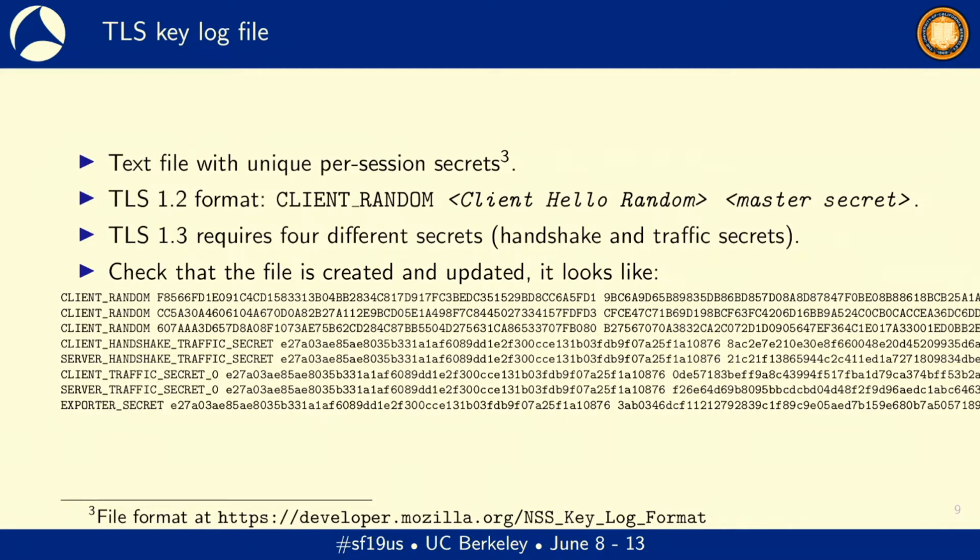And that's why we have a lot more: a client handshake traffic secret, a handshake traffic secret for the server, and likewise the traffic secrets. So in TLS 1.2 and before, the single master secret is used to encrypt the application data. It's used for session resumption. In TLS 1.3, there are different keys for session resumption, different keys for the traffic encryption, and in TLS 1.3 the handshake is also encrypted, which was not the case in TLS 1.2. So that's why you have a lot of keys.